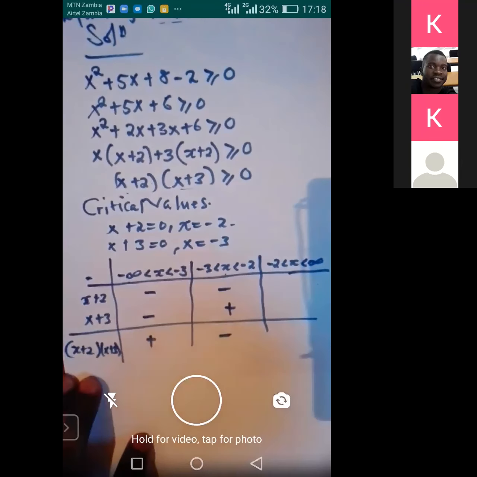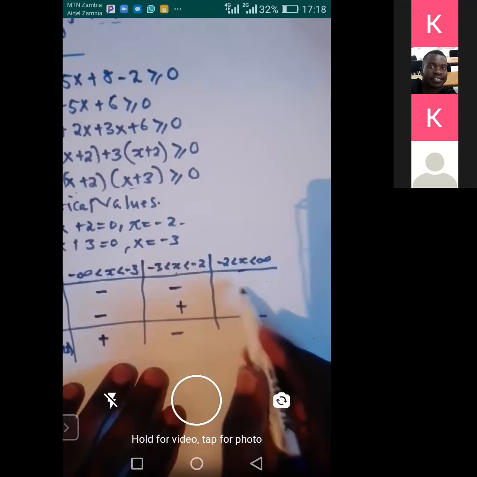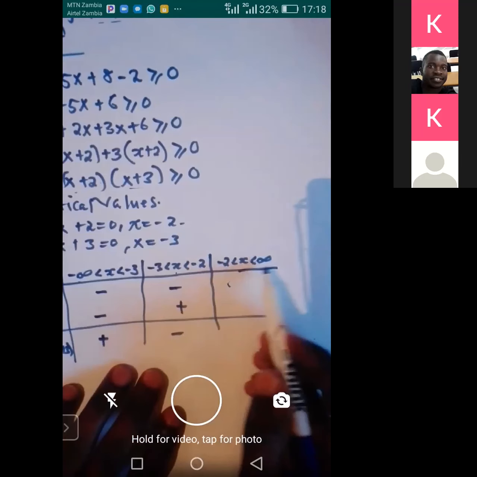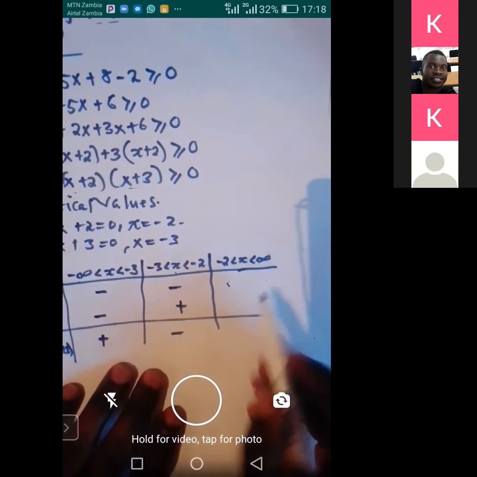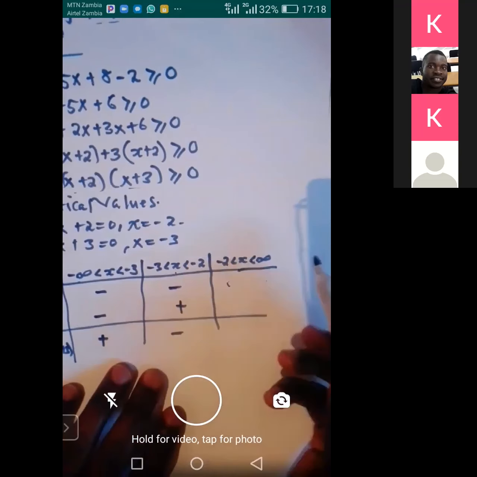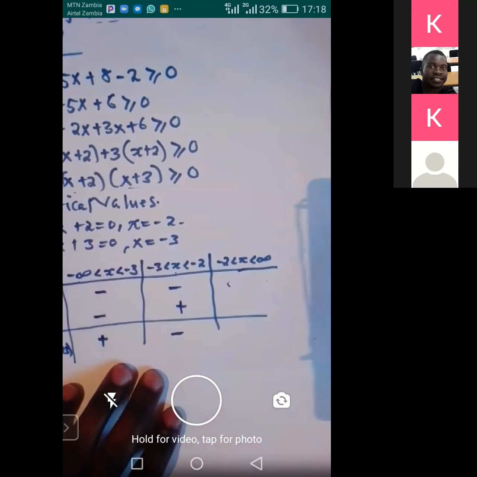Then, cool. What is happening in this interval from -2 all the way to infinity? So you also pick a test value here between -2 and infinity. Which value can we pick? Let's pick -1, as long as it's between this interval.